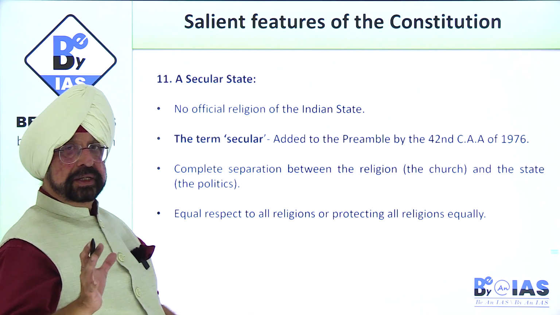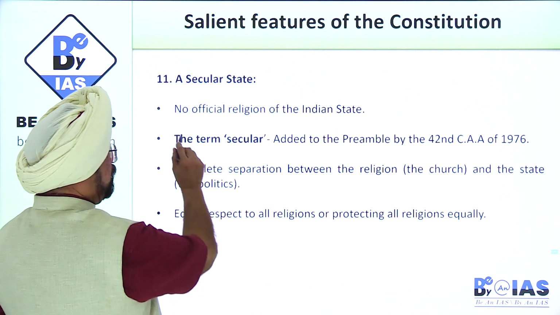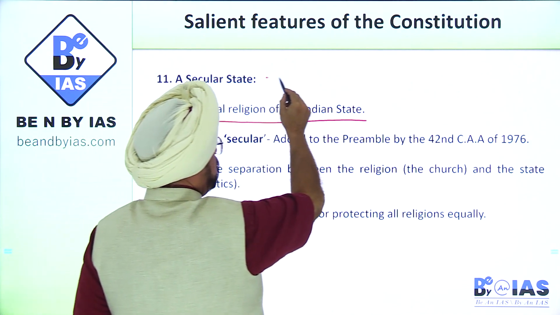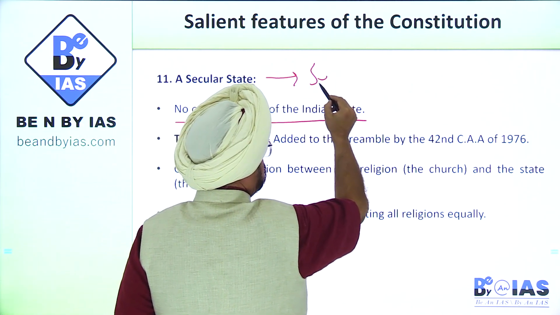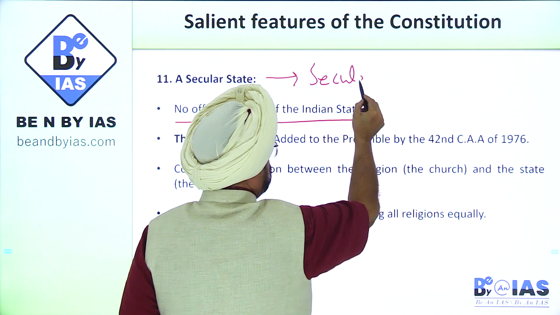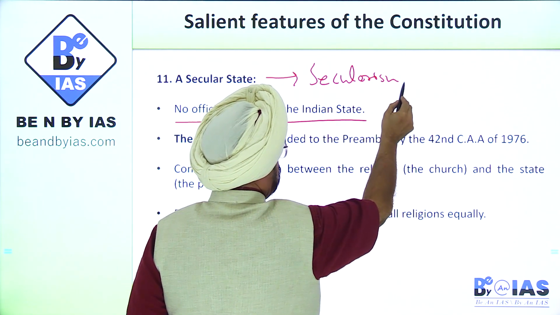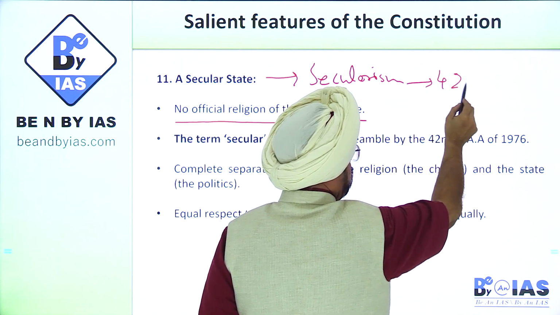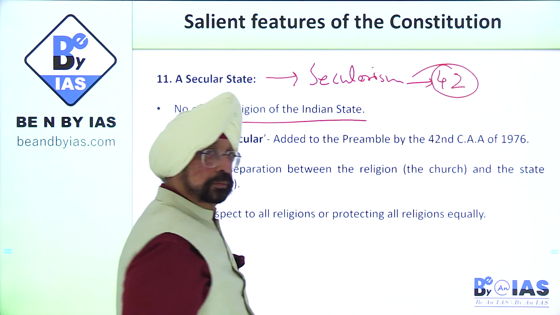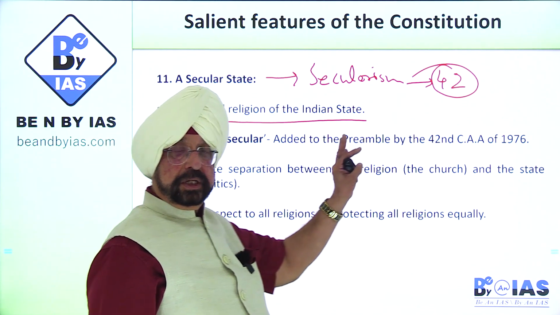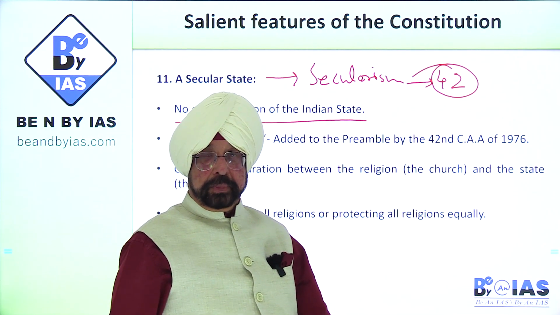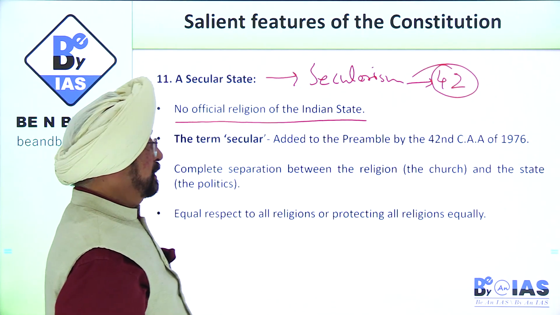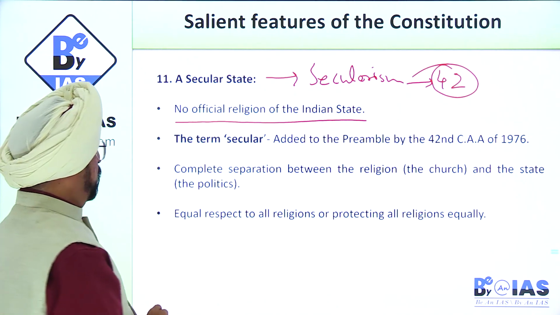So, ours is a secular state. That means there is no official religion of the Indian state, and the word secularism has been added again by the 42nd Amendment. Though these features were already there in the Constitution of India, this word in the preamble was added by the 42nd Amendment.